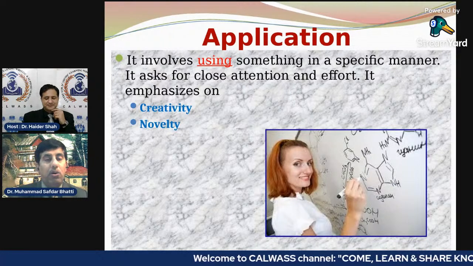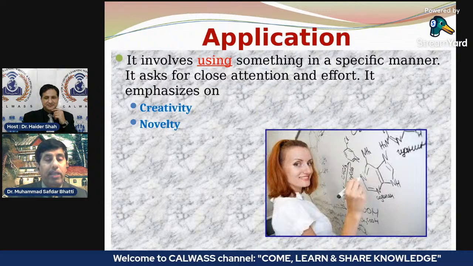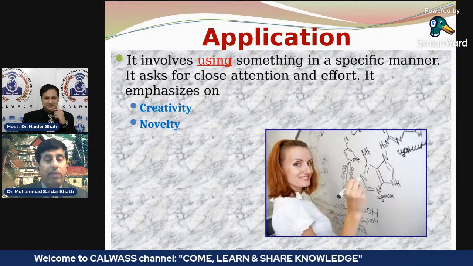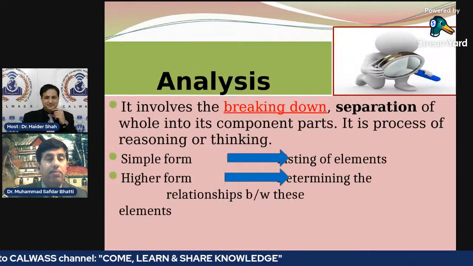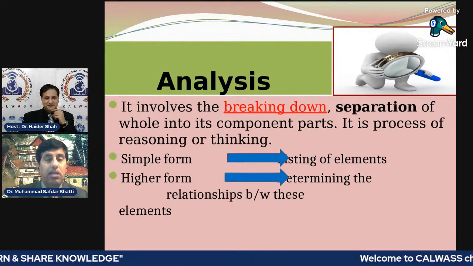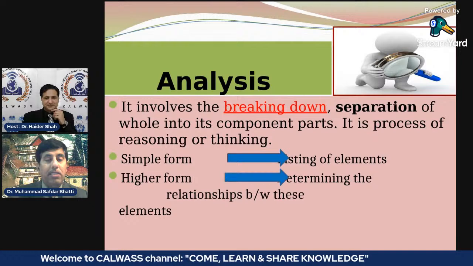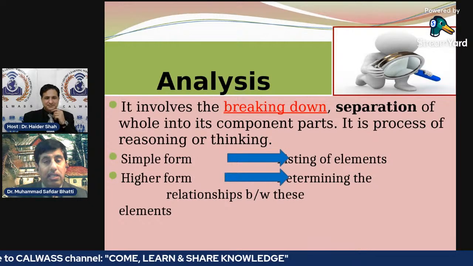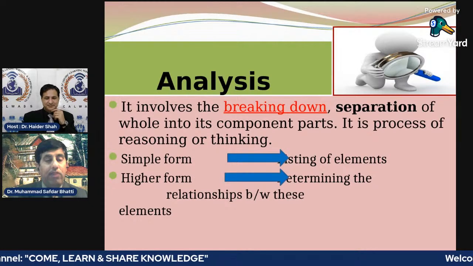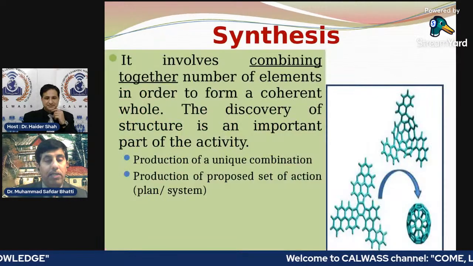It asks for close attention and effort. It emphasizes creativity and novelty, while analysis involves the breaking down, separation of a whole into its component parts. It is the process of reasoning or thinking. Its simple form is just testing the elements, while the higher form is determining the relationship between these elements.